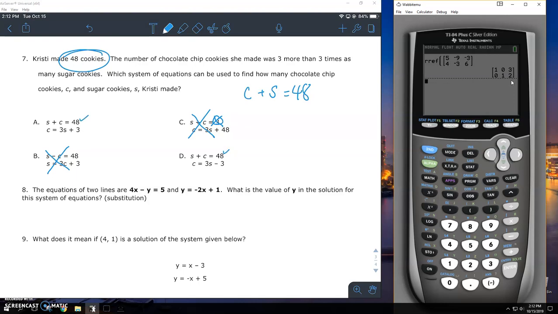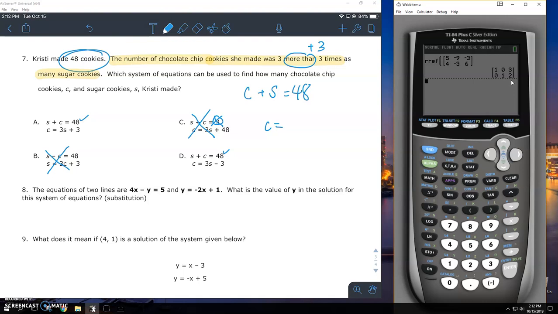The next thing we can look at is this tongue twister right here. The number of chocolate chip cookies she made. So chocolate chip cookies equals, so I'm going to say C equals, was 3 more than. Okay, more than is a turnaround word, so I'm going to have plus 3 at the end. 3 times as many.